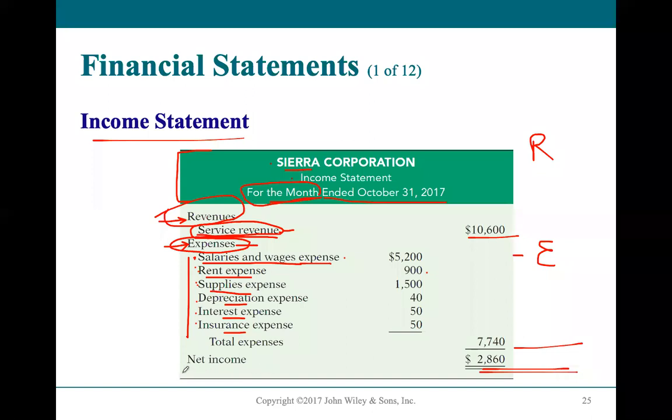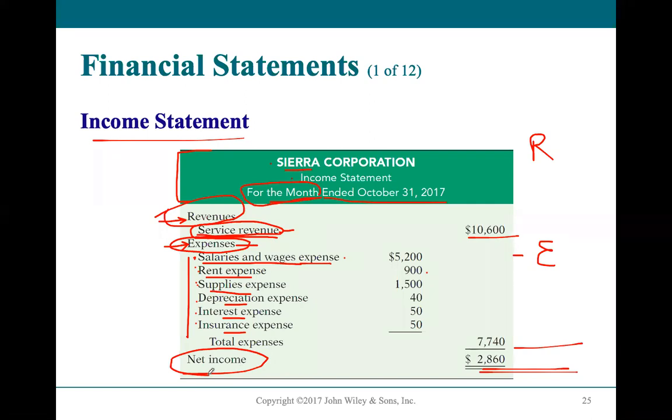Now you'll see the formal name for a profit is called net income. So net income is simply a formal name for profit for a company. If a company is profitable, it will have net income. What happens if the expenses are bigger than the revenue? That does happen to companies, though not in this particular book.